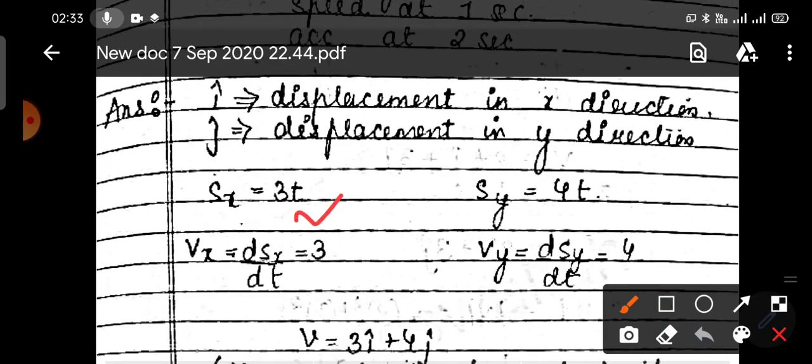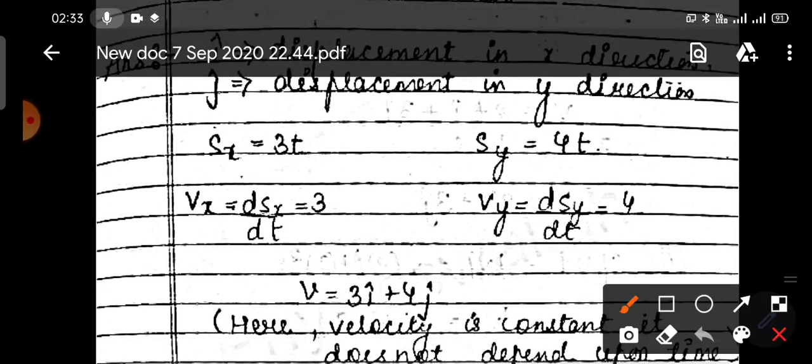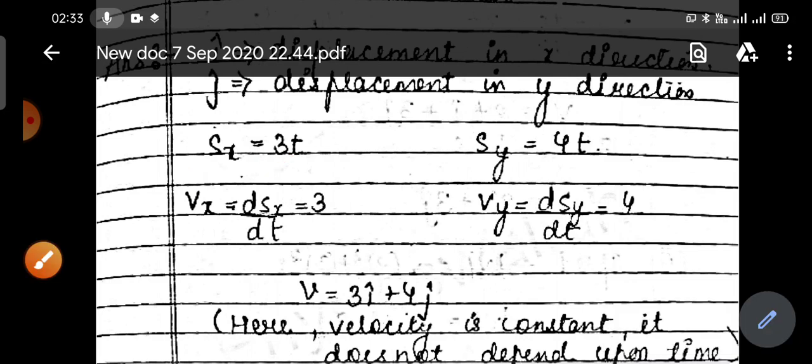So displacement in x direction is how much? 3t. Displacement in y direction is 4t. So velocity in x direction is how much? You have to differentiate this equation. ds by dt is equal to differentiation of this 3t.